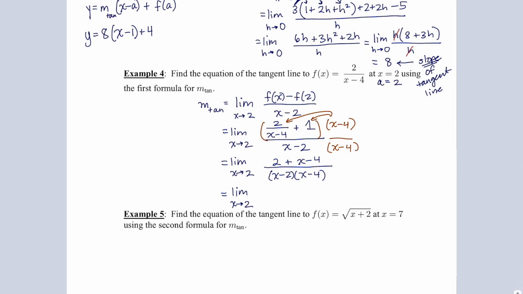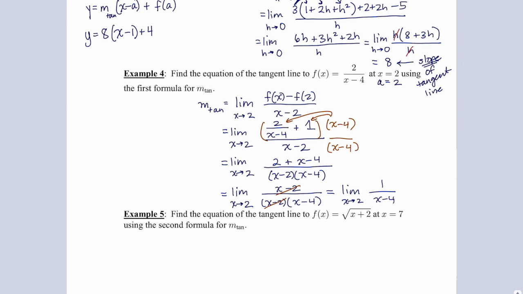I can see because my numerator now simplifies to x minus 2. So now I can reduce these two factors. And now I have the limit as x goes to 2 for 1 over x minus 4.